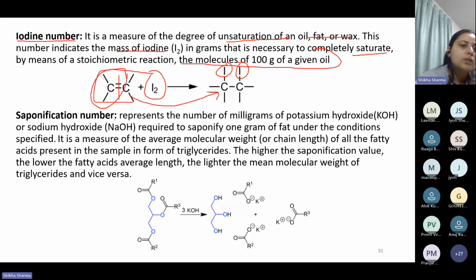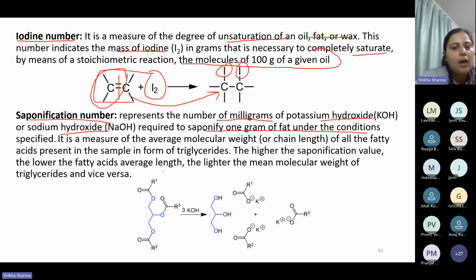Now the saponification number represents the number of milligrams of either potassium hydroxide or sodium hydroxide required to saponify 1 gram of fat under the specified conditions.